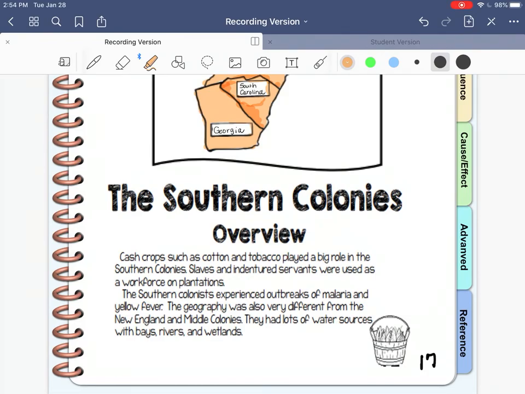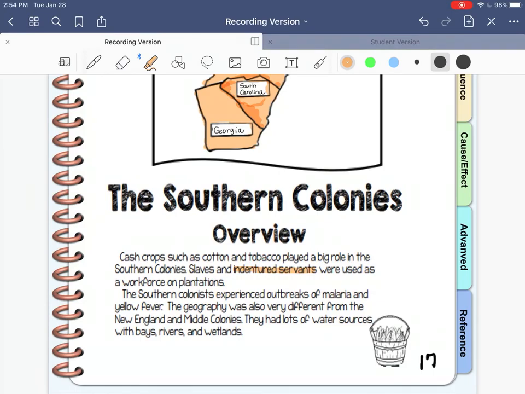A couple of words here that I want you to know. First of all, indentured servants. These folks paid for passage to the New World. In other words, they agreed to come to the colonies in exchange for 7 years' work.